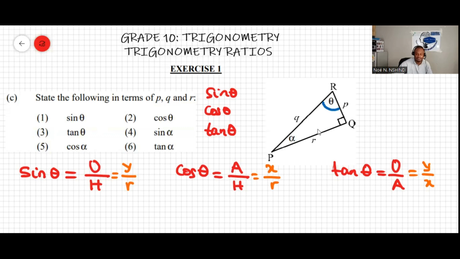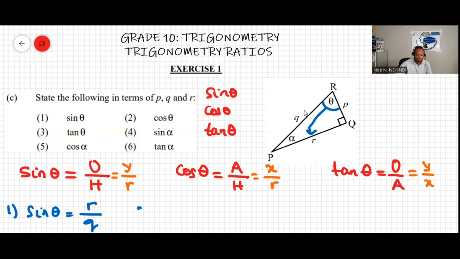It's this side that's opposite to angle theta. So it's r. So I say here 1. Sine of theta will be equal to opposite, which is r, over hypotenuse, the longer side of the triangle, the side that is opposite the 90 degrees angle. This one is q, so it's going to be r over q.